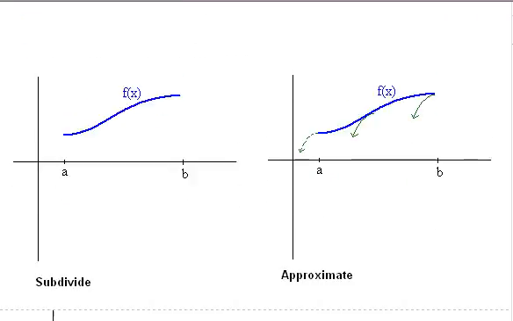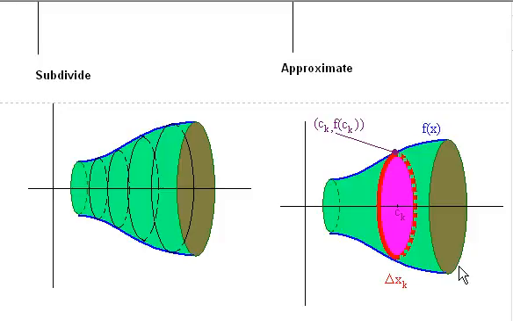So we subdivide it and ask, how would we find the approximate volume of that disk at the point c sub k, when the interval it's across, from here to here, is delta x sub k? Remember, we've subdivided this, we put in a whole lot of these things.